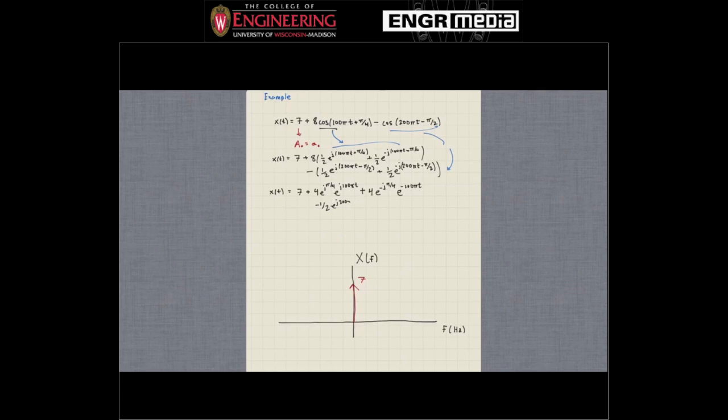Let me write the phase of that first: e to the minus j pi over 2, e to the j 200 pi t, minus 1/2 e to the positive j pi over 2, e to the minus j 200 pi t.